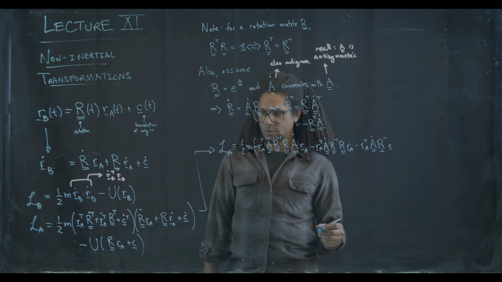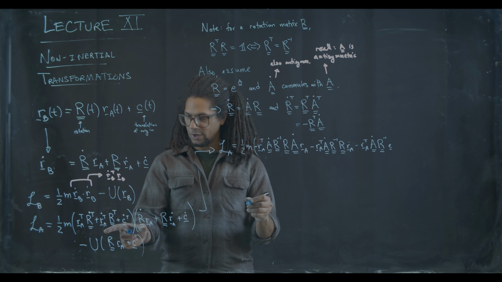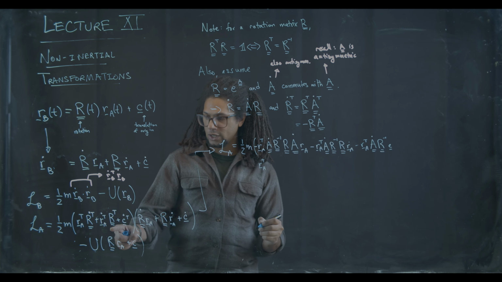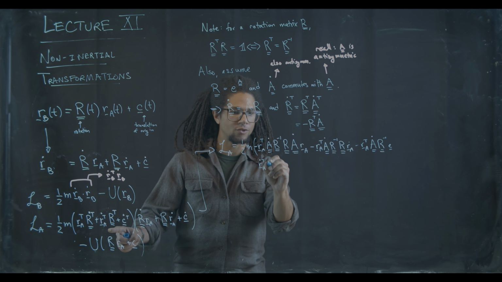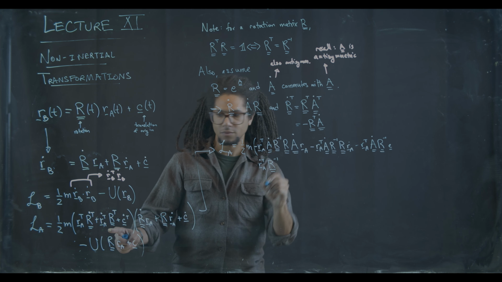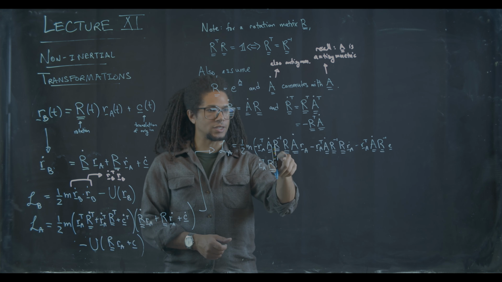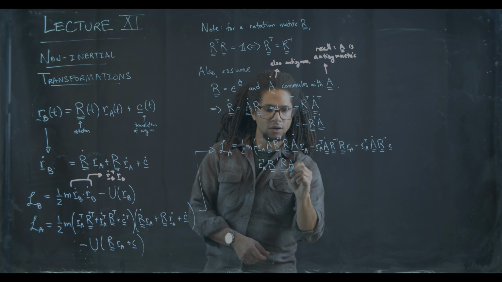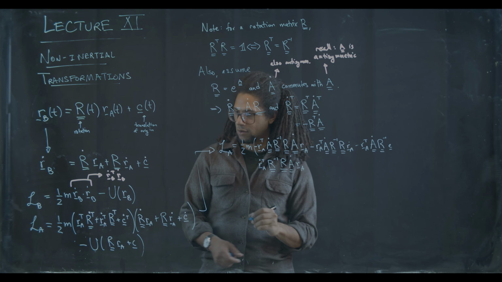Okay, great. Next three factors. So first, I'm going to have RA transpose times R transpose, times R transpose, but remember that that's R inverse, times R dot. I'm going to write R dot the same way that I did up here, as R A dot RA. Good.